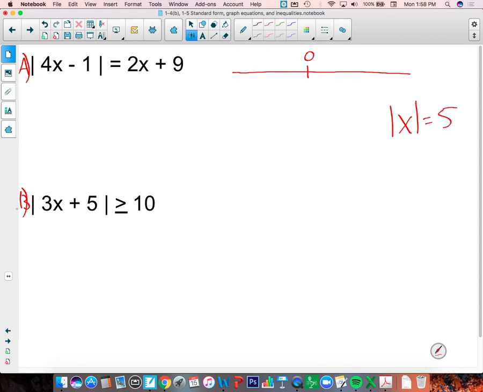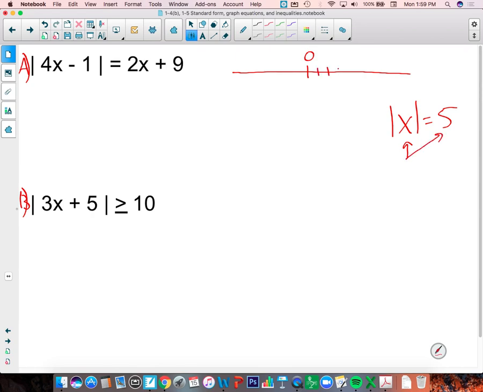All right, so you know that 5 would be one of the answers, because if I put a 5 inside of the absolute value, I'm going to get a 5. Okay, you could also throw a -5 into those absolute value brackets, because absolute value of -5 is just 5. So absolute value is the distance from 0. Okay, so we're saying this right here would be the distance from 0, and that is going to be 5.